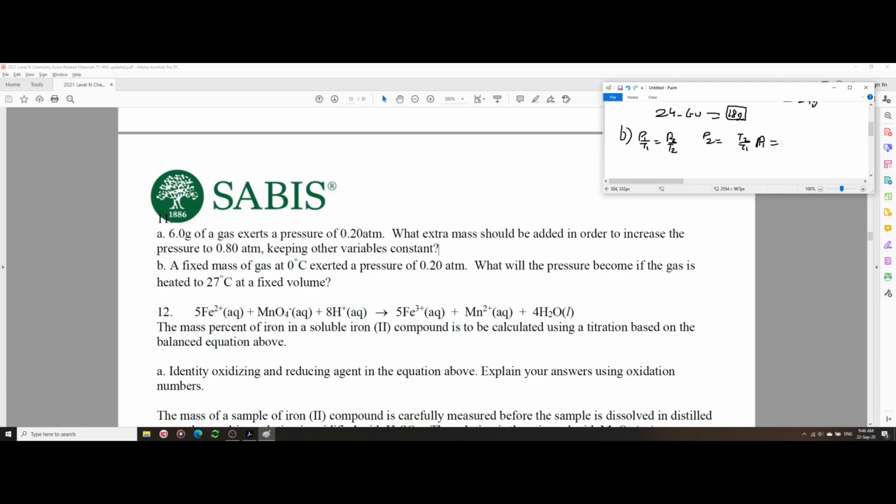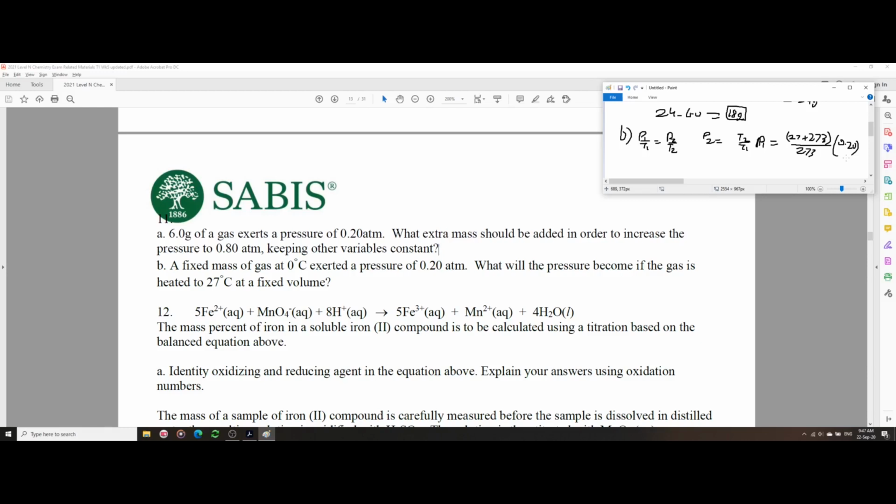So T2 is 27 plus 273 over 273 plus 0, and the initial pressure is 0.20. Now just add them, 273 plus 27, 27 over 273 times 0.2.